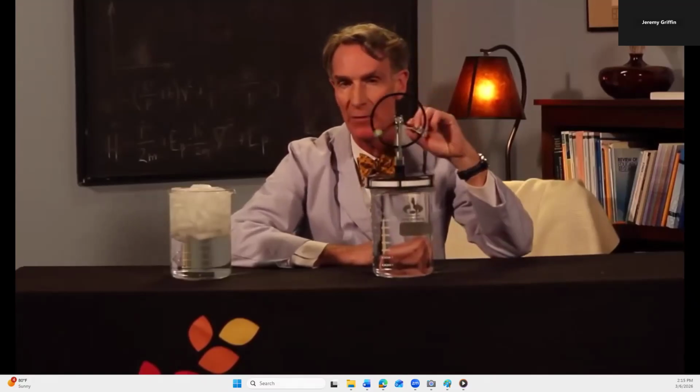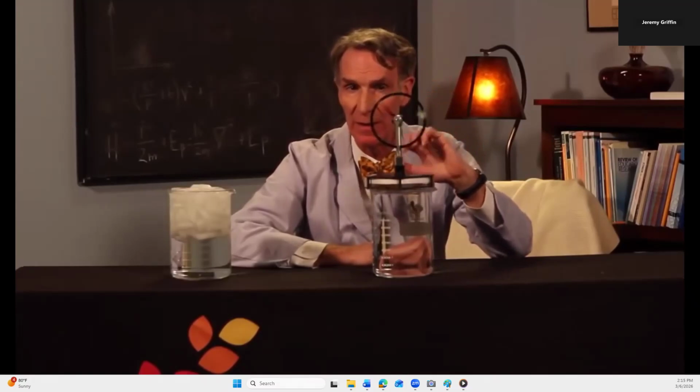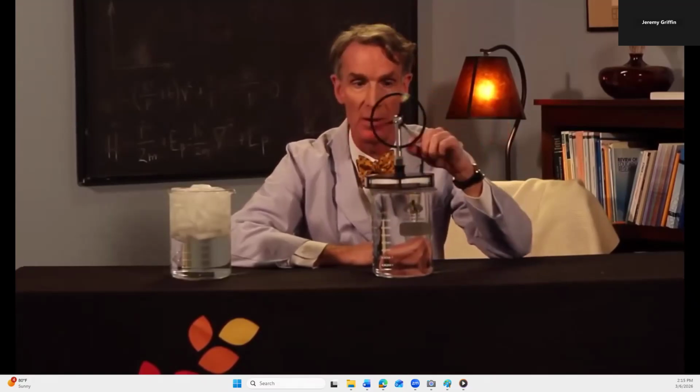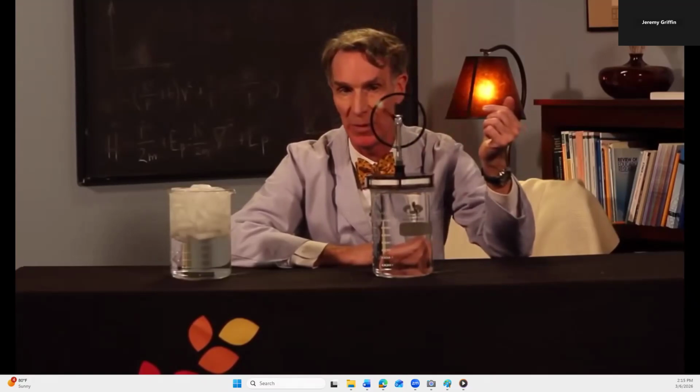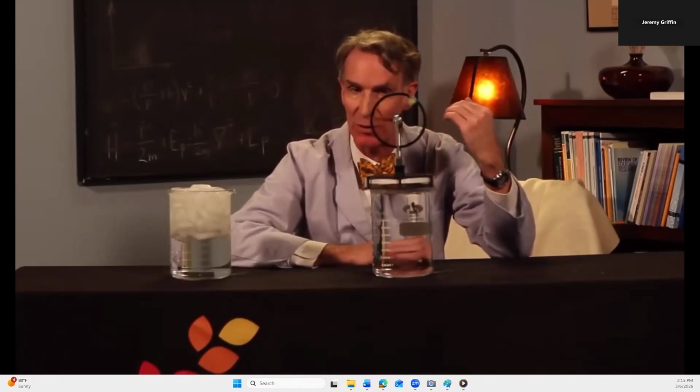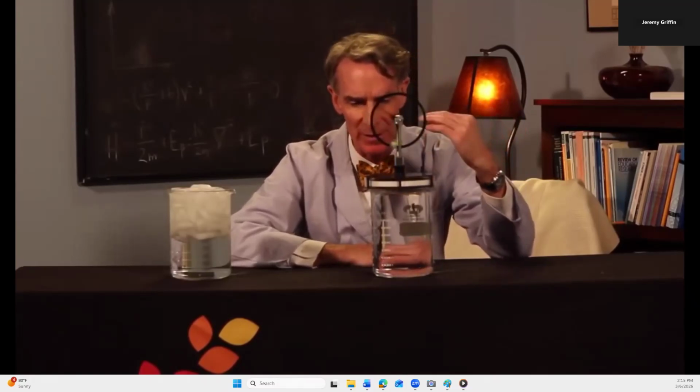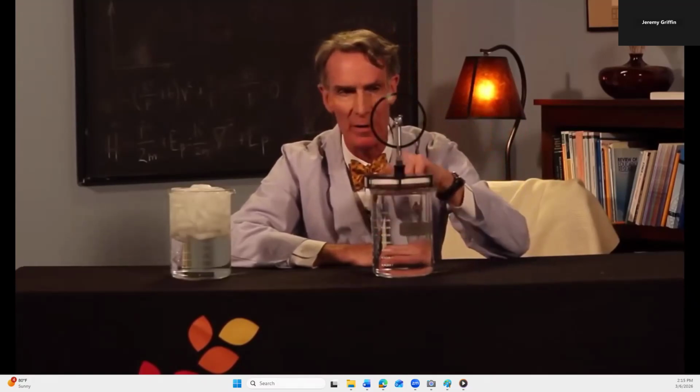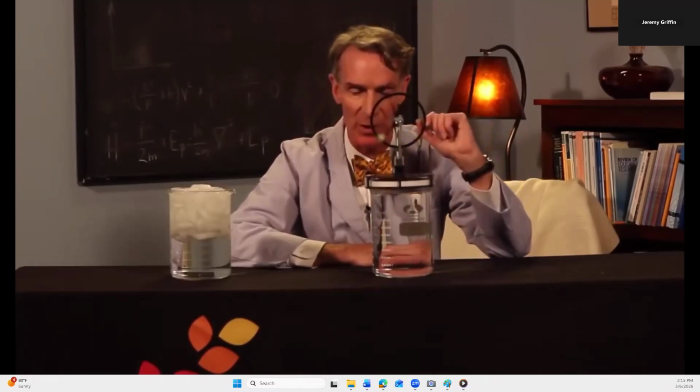The expanding air drives the piston. So this is a way to convert the energy of heat into what we call mechanical work, or making something spin. And the extraordinary thing about Stirling engines is they're so efficient. It's just a little bit of hot water. And look how fast it's making the wheel go.